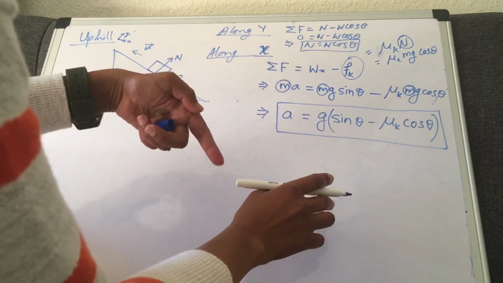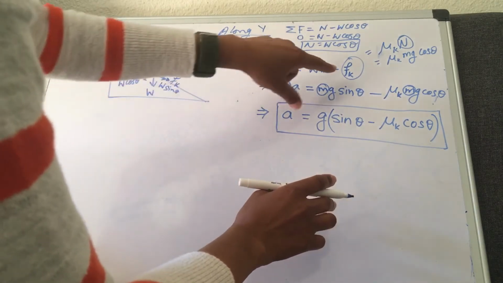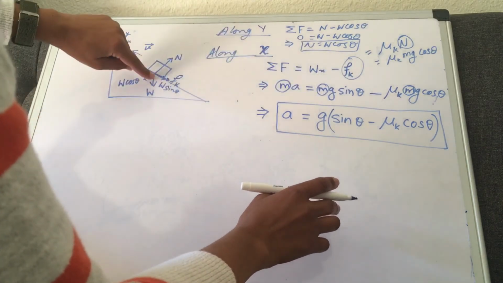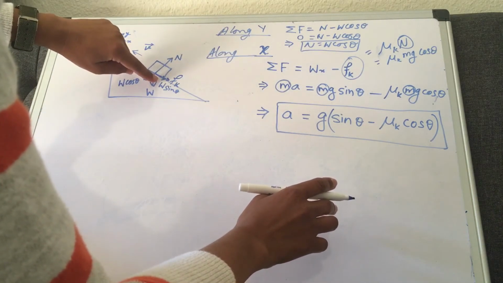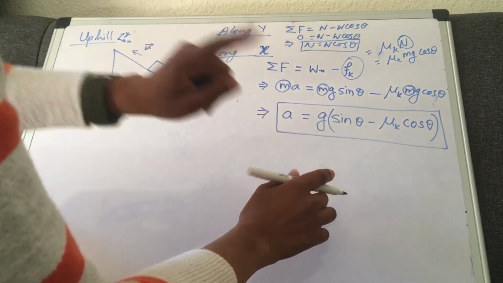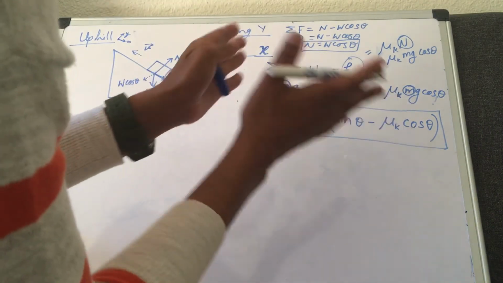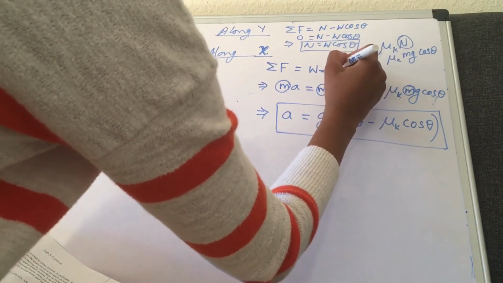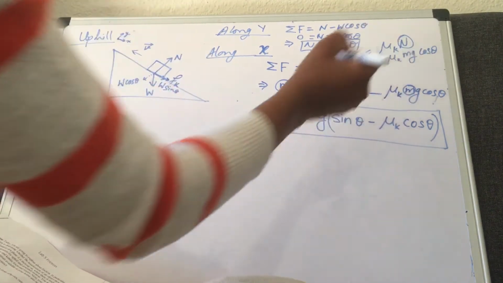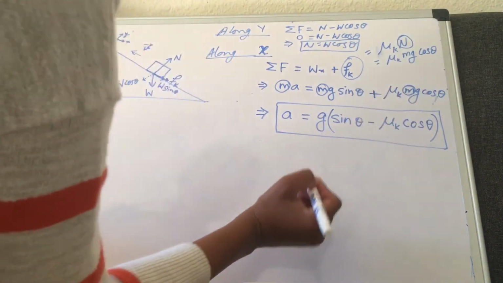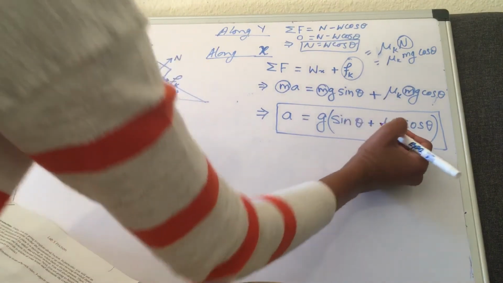Along the x-axis we also have the kinetic frictional force, but now both the x component of weight wx and the kinetic frictional force are in the same direction, meaning they must add. So this sign is positive, the rest are ditto, nothing changes. I'm just going to make this positive.